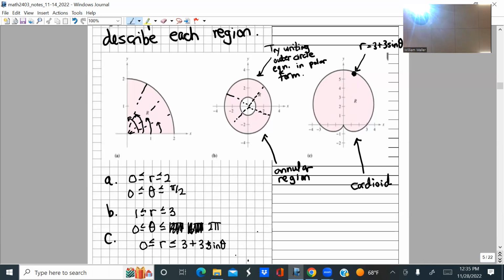For the theta, that's a little bit harder to understand. But since that cardioid is a closed curve, that is usually a signal that you're going to let your theta run from 0 to 2 pi, like a circle.